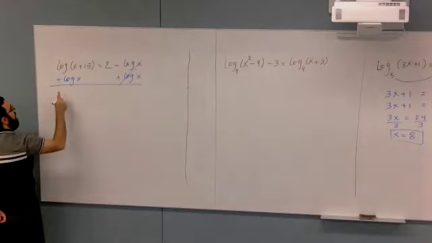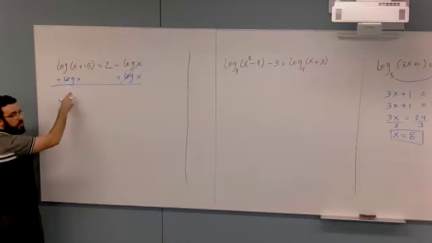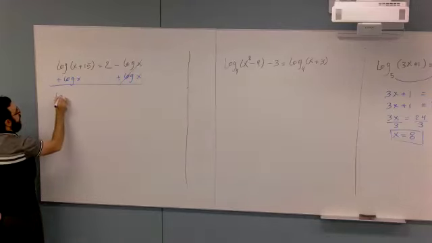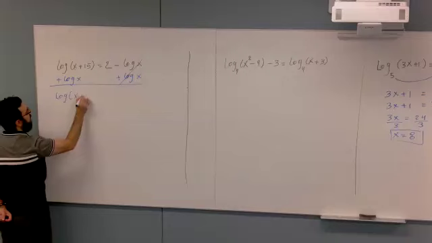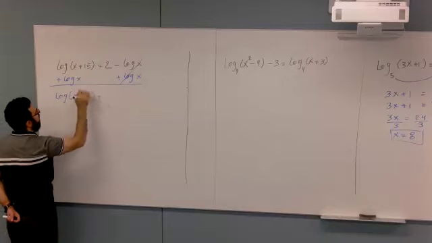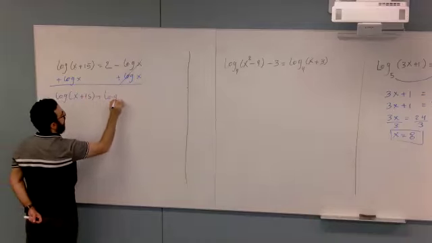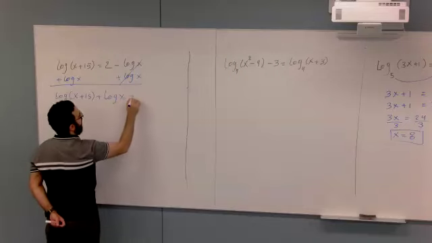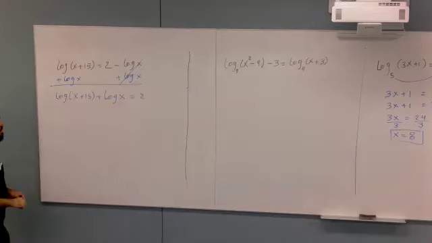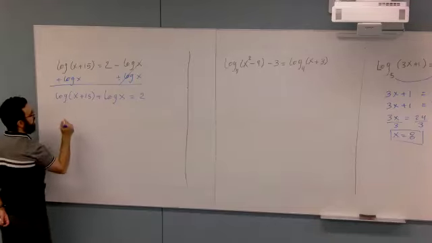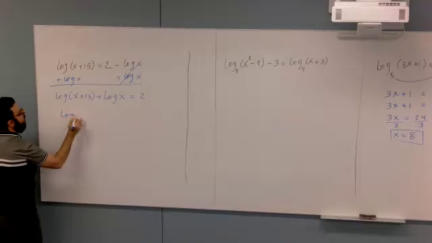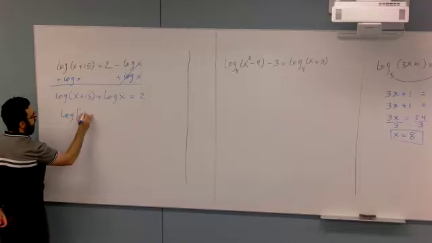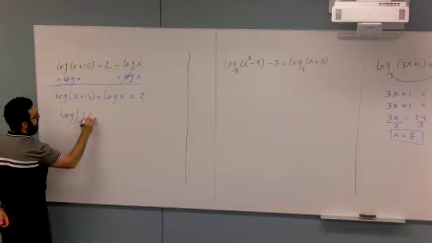This one is going to be 0, but it doesn't mean you're going to add the logs. It's going to be log of x plus 15 plus log x equal to 2. Now, plus between two logs, what does that mean? Multiplication. So it will be log of x plus 15 times x equal to 2.